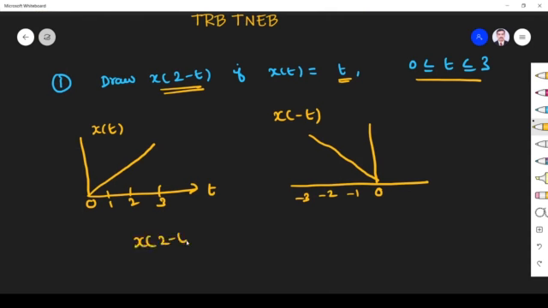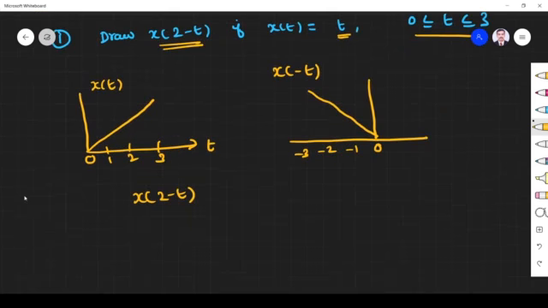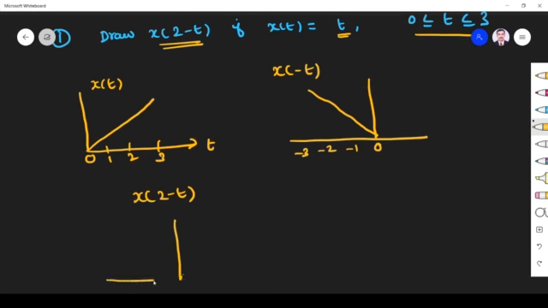Now we have to draw x of 2 minus t. How to draw 2 minus t? When you are having 2 minus t, you have to shift right hand side. If you are having minus 2 minus t, you have to shift left hand side. So 2 minus t means you have to shift 2 units right hand side.